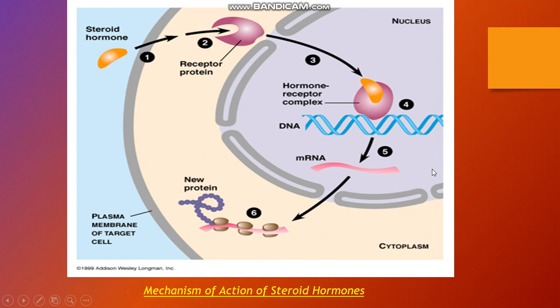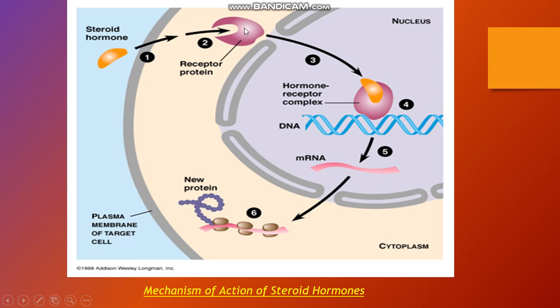You're looking here, mechanism of action of steroid hormone. This is another steroid hormone. There come receptor proteins, then hormone protein receptor complex, and they act on the DNA. The plasma membrane of a target cell. In the case of these steroid hormones, I am telling you how they cause their effects, biological effects, metabolic effects.